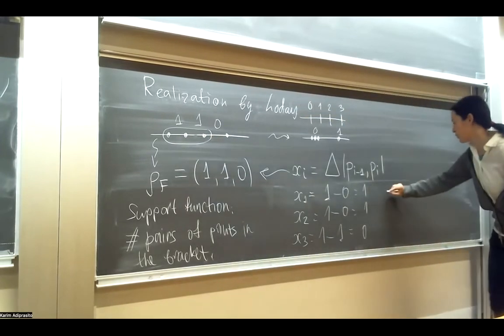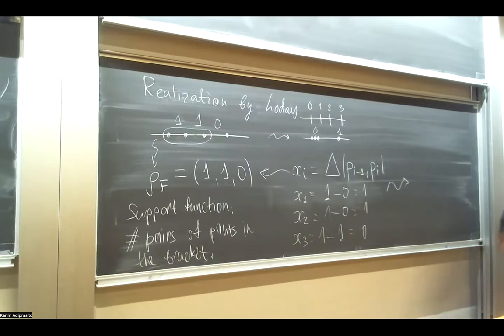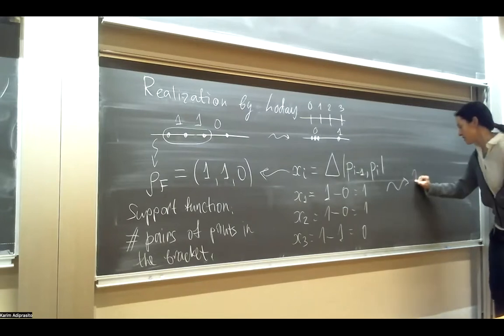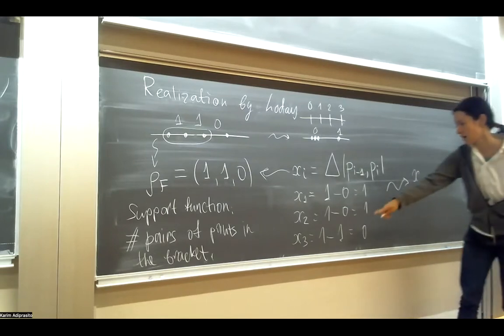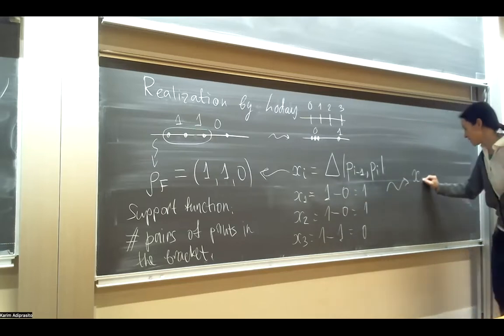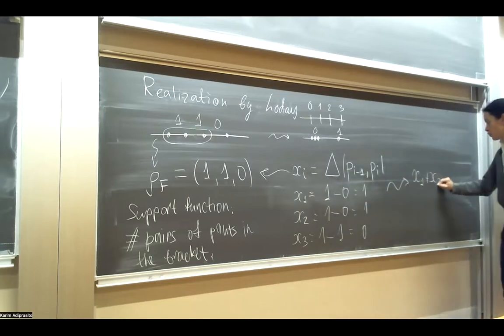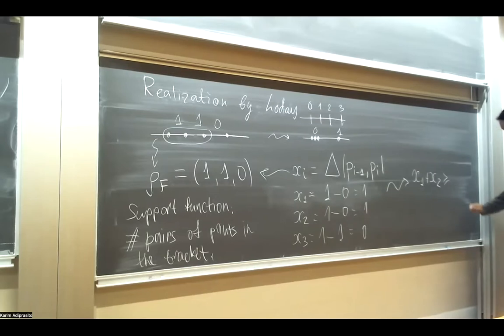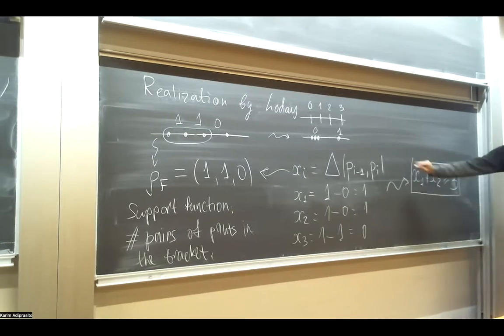So the corresponding inequality defining this facet of the associahedron says that x1 plus x2 has to be greater or equal to 2. And then you write such an inequality for every facet.